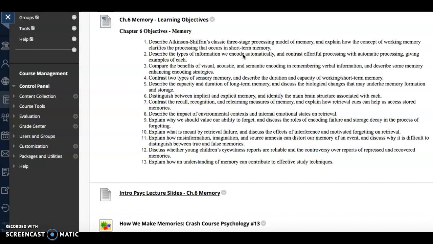There are different types of memories that happen. Some of those are more procedural. We learn as we do. Some are more explicit. We learn as we say, or the more we practice saying, rote memorization, right?